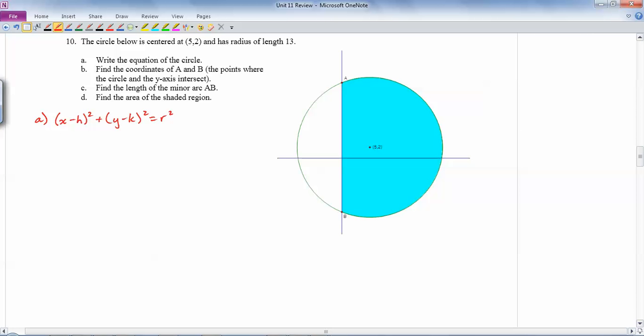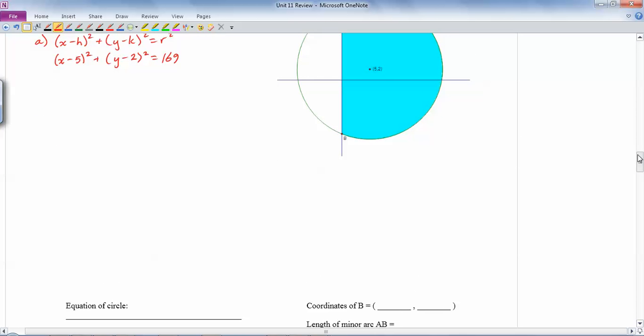And we know that h and k are the center point, so this turns into (x minus 5) squared plus (y minus 2) squared. And the radius we were told is 13, so 13 squared is 169. So I'm going to put that down here. (x minus 5) squared plus (y minus 2) squared equals 169.